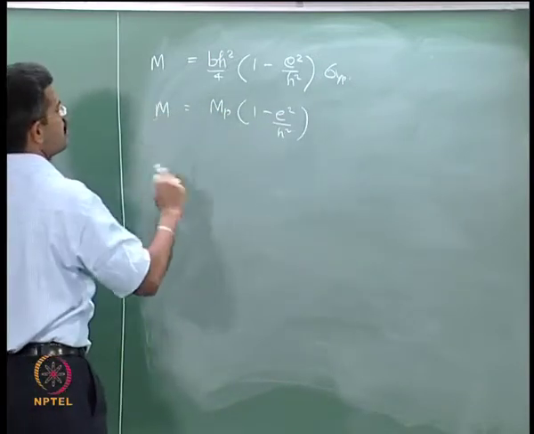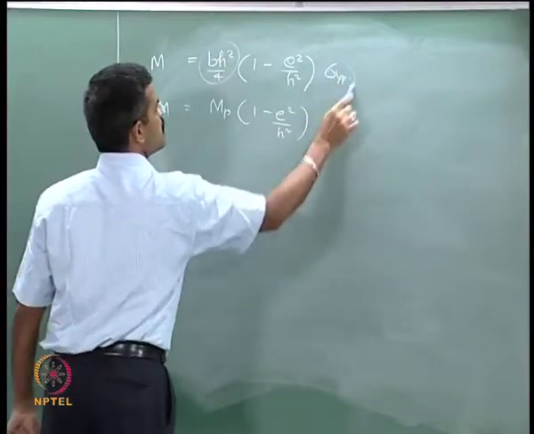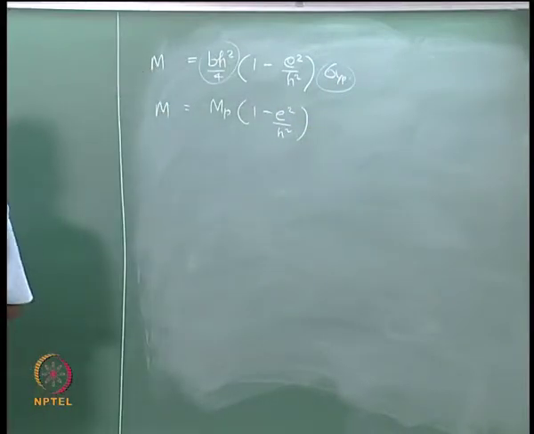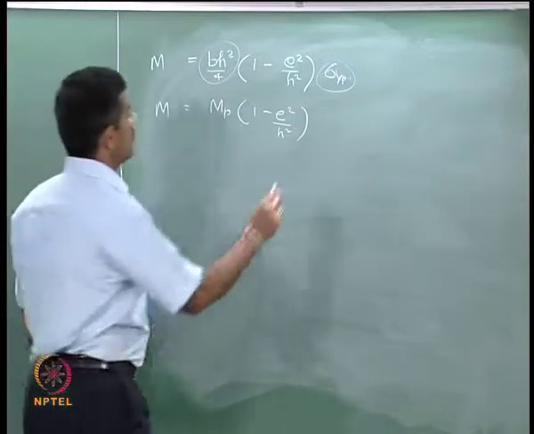It is a standard relationship, because this multiplied by this is nothing but your MP. Equation number 1.